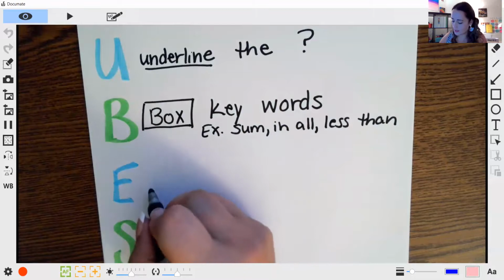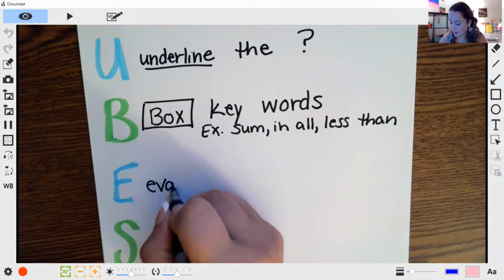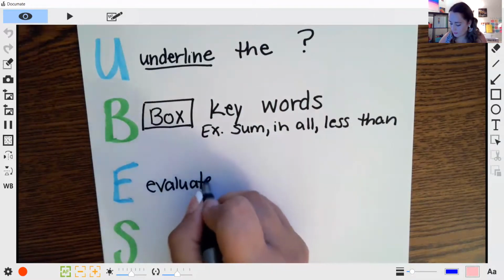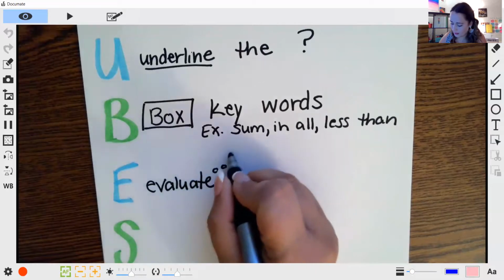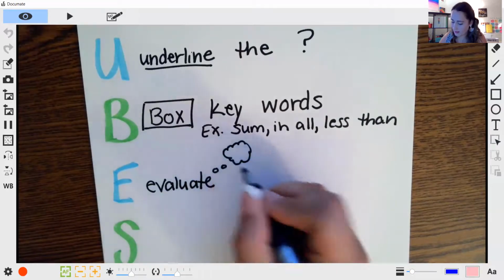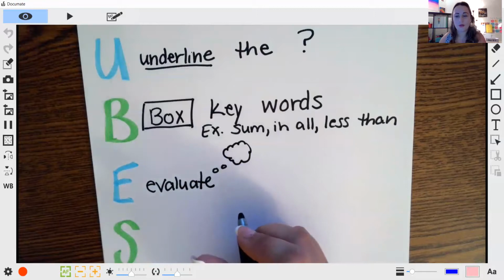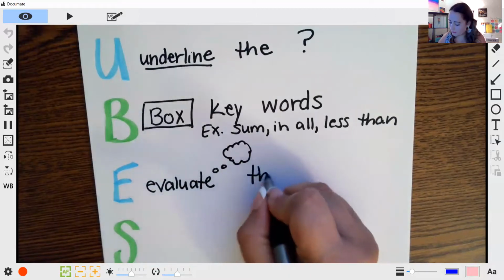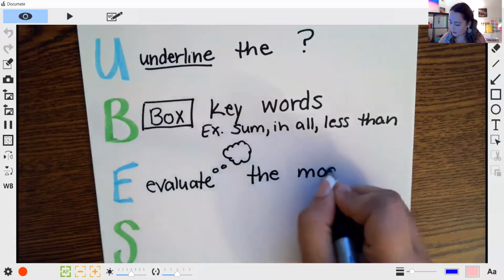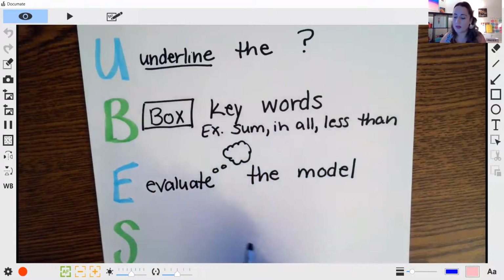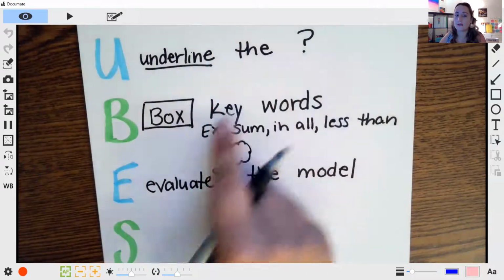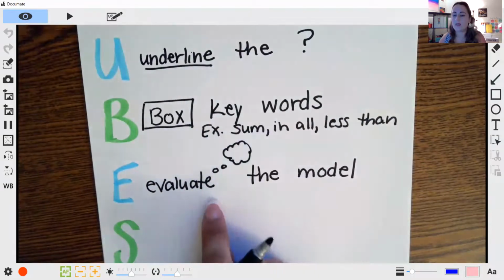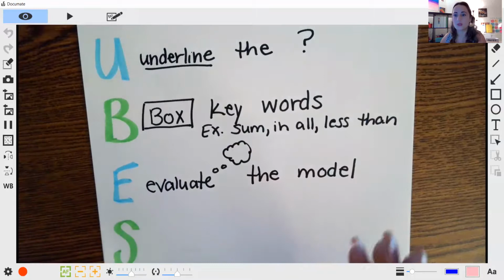The E is going to stand for evaluate. Okay, so we're going to put a little thinking bubble up here because when you evaluate something, you have to think about it really critically and really hard. So we're going to evaluate the model. That means, okay, so far I've circled my numbers, I've underlined the question, I've boxed my keywords, and now I'm going to think about what do I need to use here.